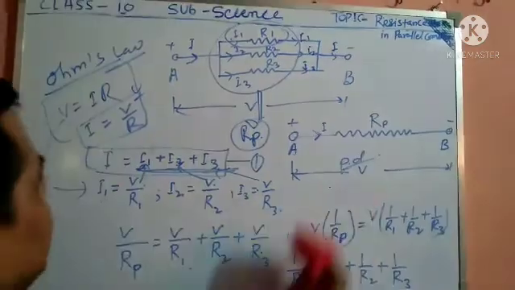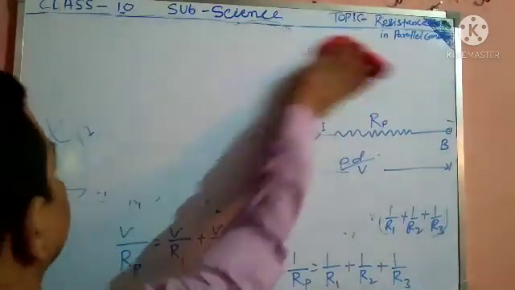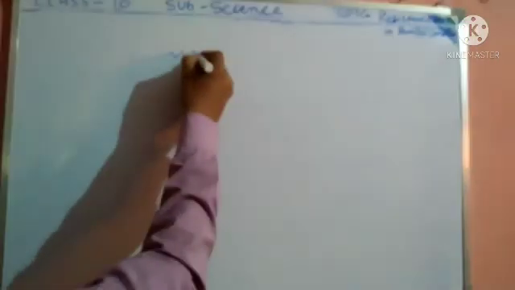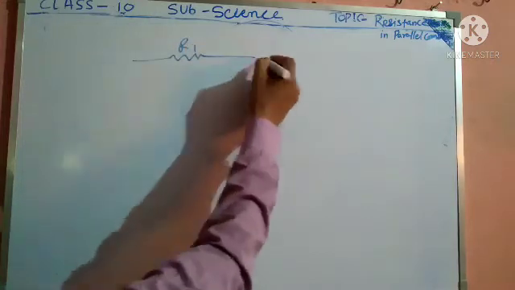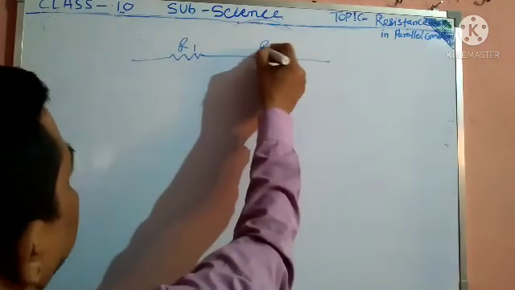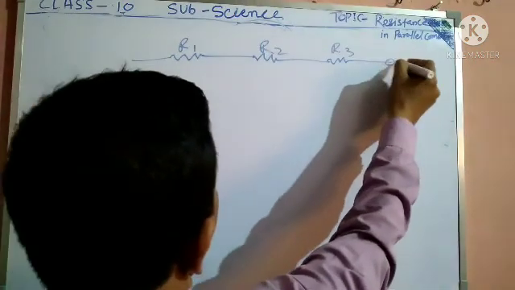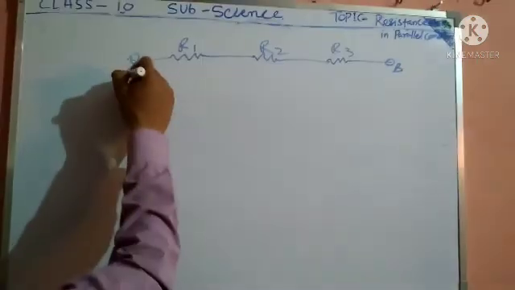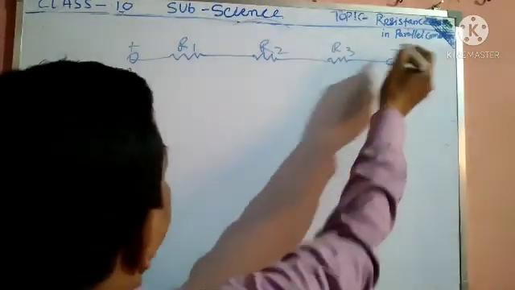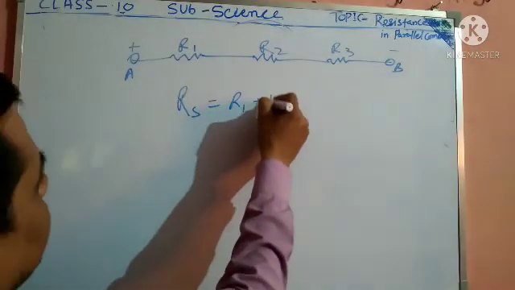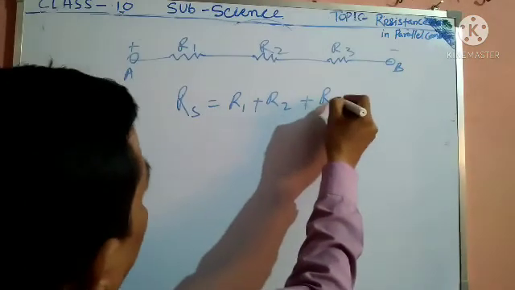Now consider resistances in series combination. Taking R1, R2 and R3 between A, positive, and B, negative, R series is equal to R1 plus R2 plus R3.